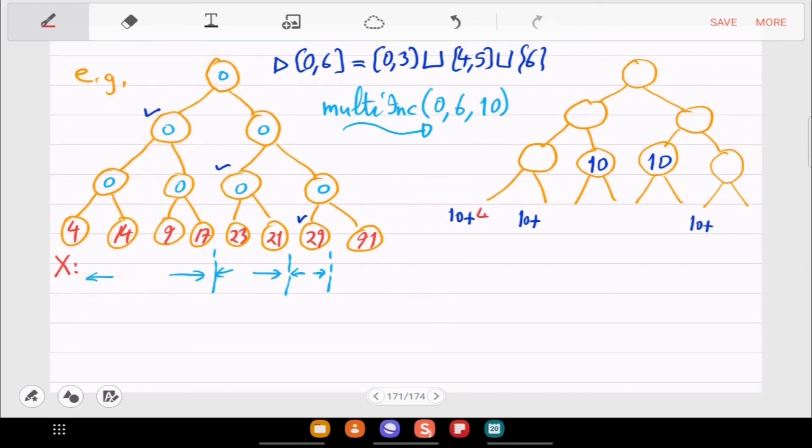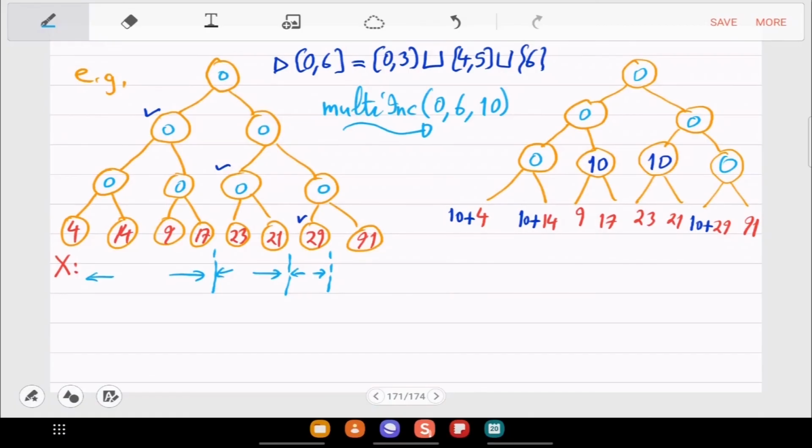So I'm adding 10 to 4, then 10 to 14, then 9 and 17 I will not touch, 23 and 21 also not, 10 to 29 and 91 is unchanged. The remaining values I don't touch. So this is what we'll get.